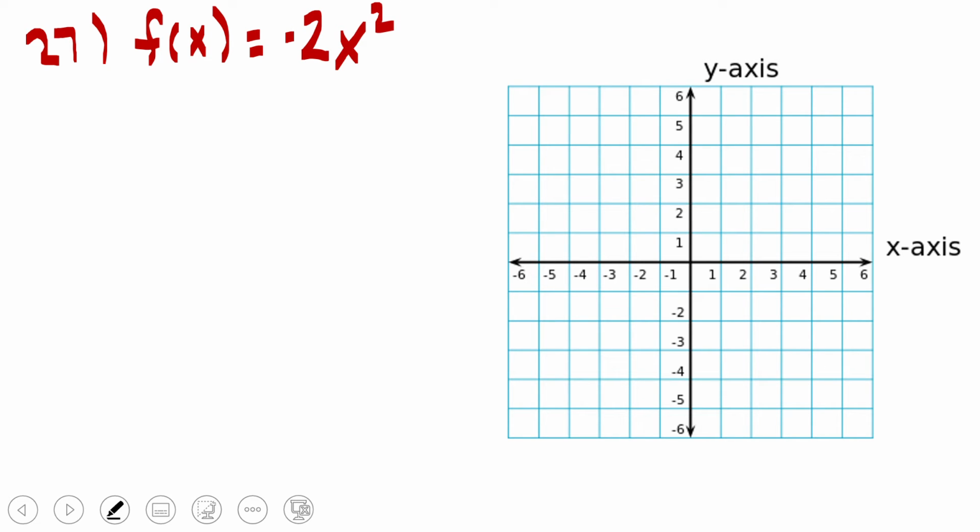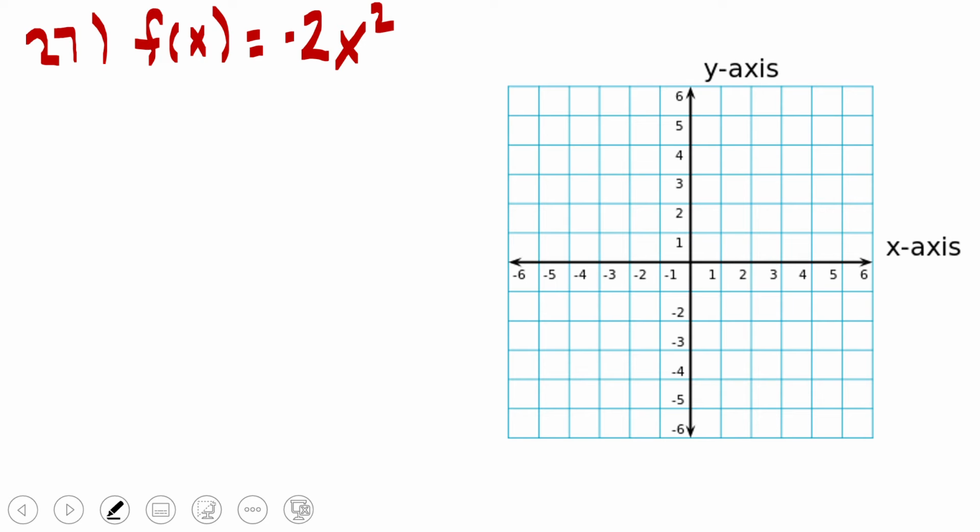And we are not only asked to plot 5 points, but also find the vertex, the maximum or minimum, and to refer to our chart on page 328, which we need to look over to determine the effect on the graph from the function that we're given, if it's flat or steep.